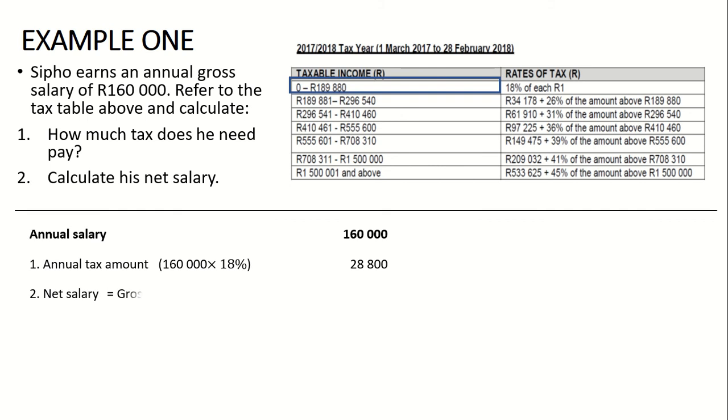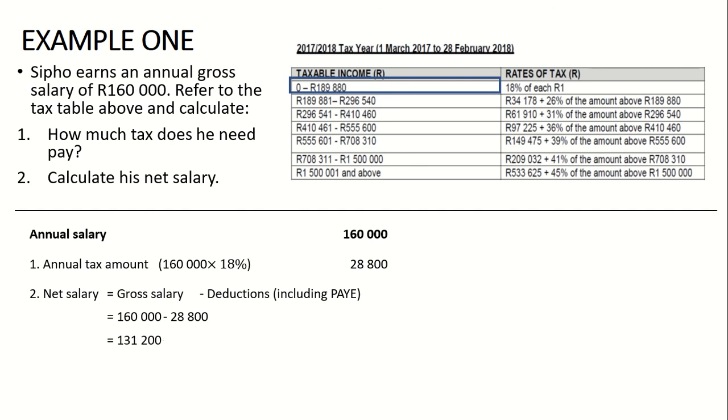Now, for us to calculate Sipho's net salary, we will simply take our gross salary and minus deductions, including pay as you earn. The only deduction that you know for now is simply the pay as you earn, which is 28,800. Gross salary is your salary before deductions, which is 160,000 Rand, and you will minus pay as you earn, which is 28,800.